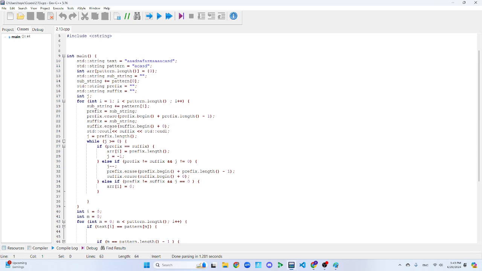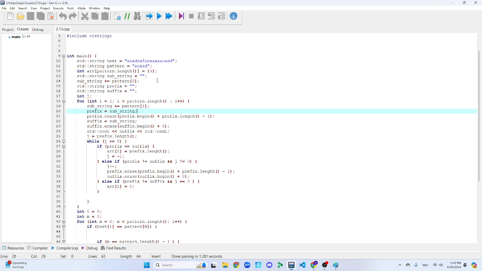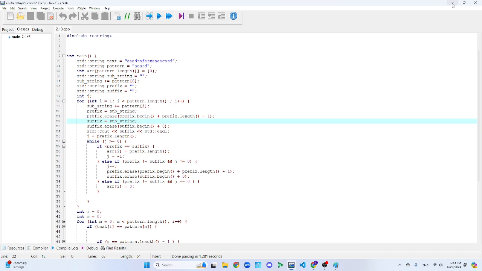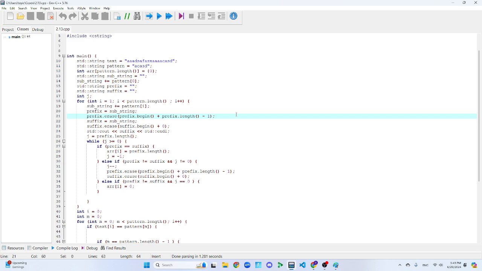So the simplest way to find the next array is to have a for loop, and this is basically the code. Every time the substring will be equal to one more character of the pattern. So at first it'll be A, and then AC, and then ACA. Then we find all the prefixes and all the suffixes of it.